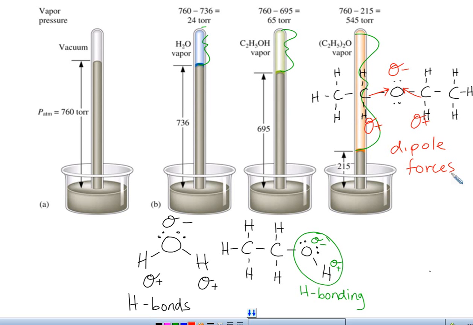Although I do have some attractive forces between these molecules, they're just not quite as strong as the hydrogen bonding, which is why I see more vapor and a greater vapor pressure. So again, it makes sense. As the intermolecular forces become stronger, the attractive forces are stronger between the particles, and they're less likely to be in the vapor phase, creating vapor pressure. Makes sense.